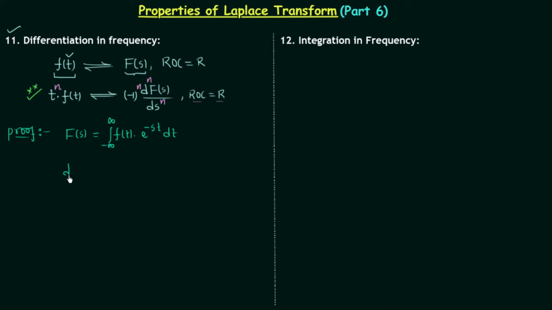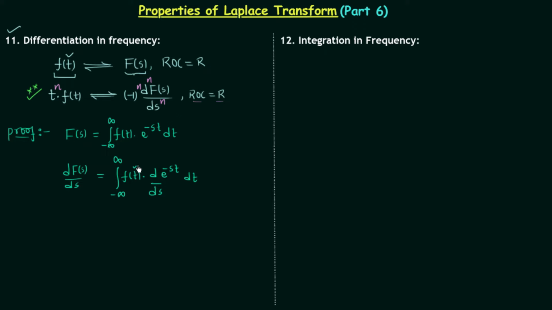So we have dF(s) over ds on the left hand side, and on the right hand side we have the integration from minus infinity to infinity of f(t) multiplied by the derivative of e power minus st with respect to variable s. We have written f(t) outside the differentiation because it is constant with respect to variable s.